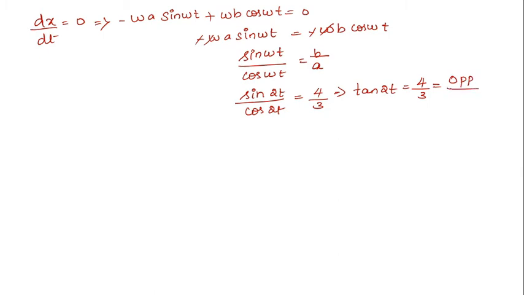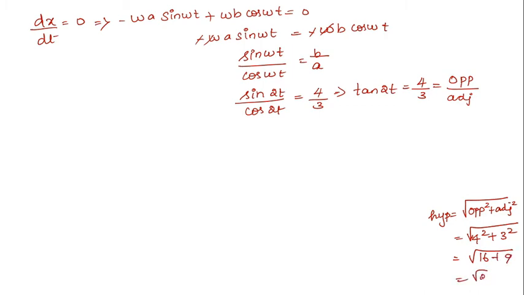When your opposite side is 4 and adjacent side is 3, I can find the hypotenuse by using the Pythagoras theorem. So hypotenuse is the square root of opposite square plus adjacent square. So it will be square root of 4 square plus 3 square, equal to root 16 plus 9, which is equal to root 25. It is 5. So your hypotenuse is 5.